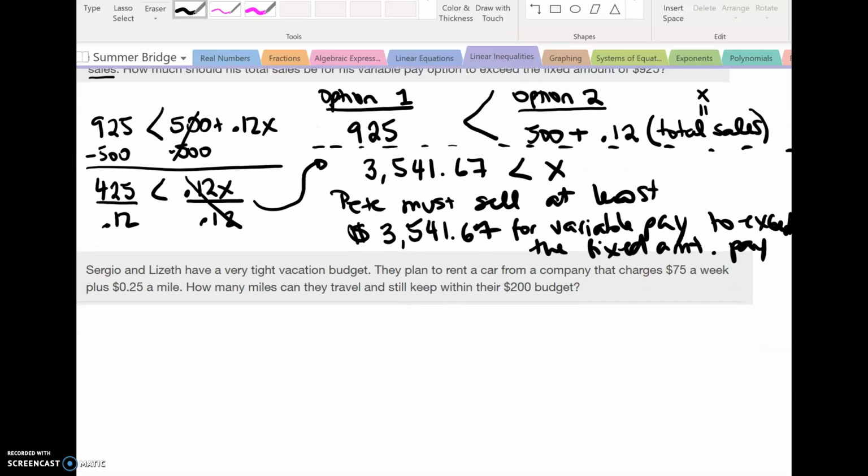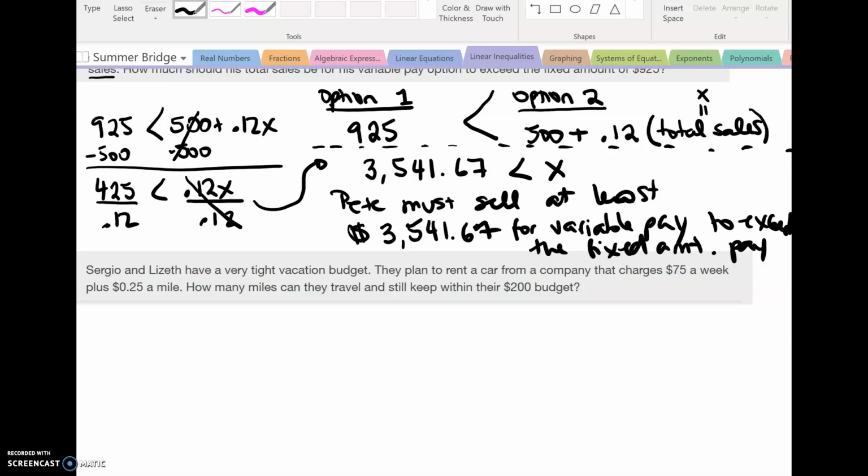Okay, so now we're comparing pay options. The next one, so this is example 4. Example 4 says Sergio and Lizeth have a very tight vacation budget. They plan to rent a car from a company that charges $75 a week plus 25 cents a mile.